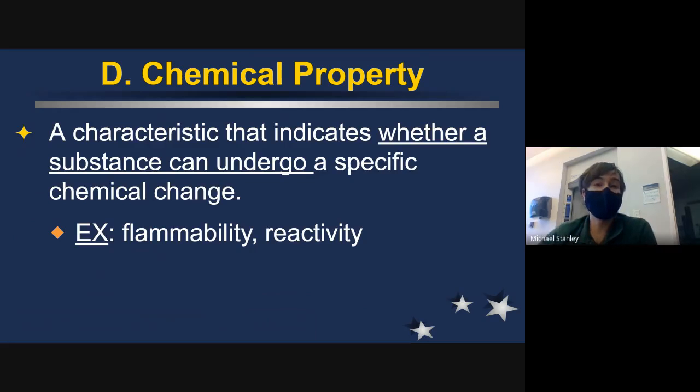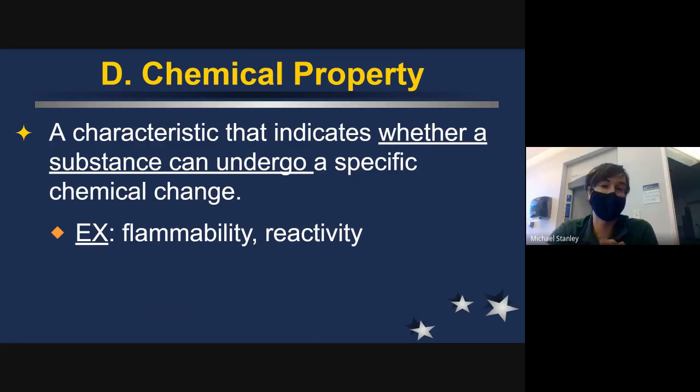So whatever chemical change that you're talking about, the chemical properties of a substance are how likely is it to go through that chemical change? Is it very likely that this thing will catch on fire or not? Is this a very reactive chemical or is it very non-reactive?